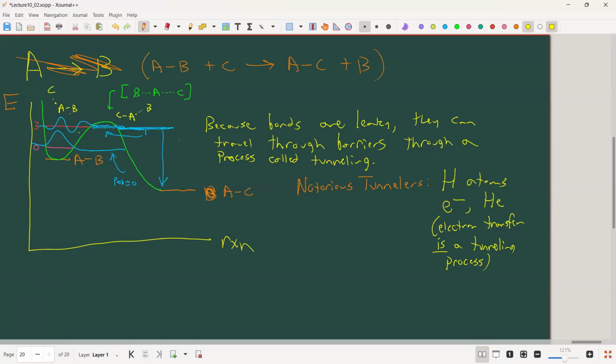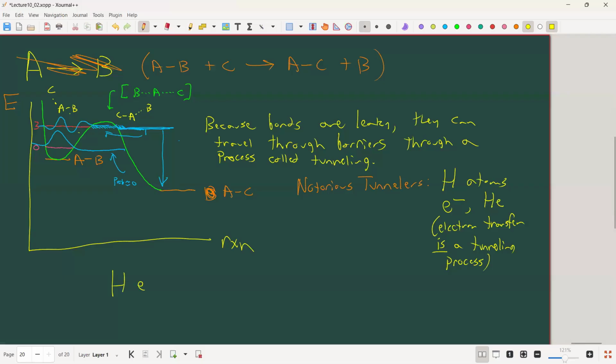A great example of a tunneling reaction in hydrogen is what's called the 1,3 shift, which is this reaction.